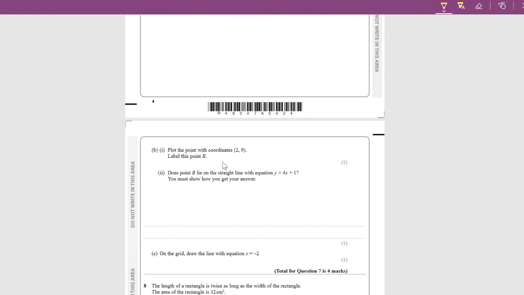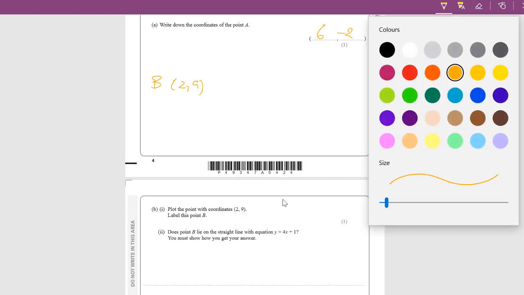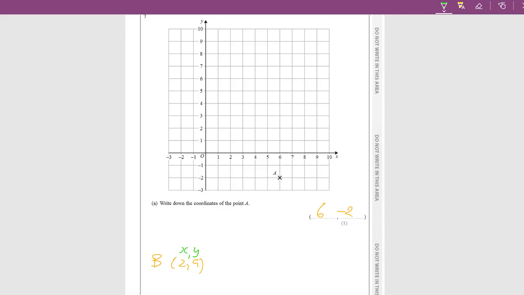Then it says plot the point with coordinates 2, 9 and label it B. So remember that this is going to be X, this is going to be Y. Let's start off with our X. So we come across to 2.